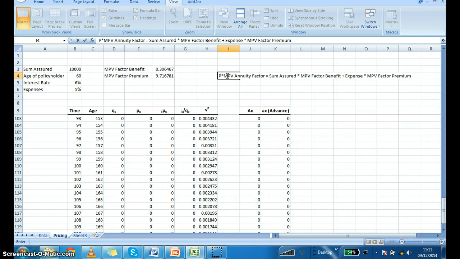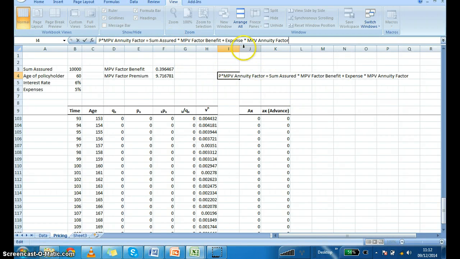Okay, so here we realize that we have the MPV of premium factor, or annuity factor, on this side, and the MPV annuity factor on this side. What we are majorly intending to get is this P here.